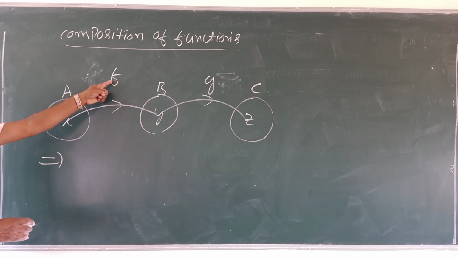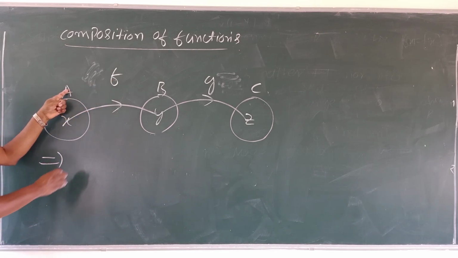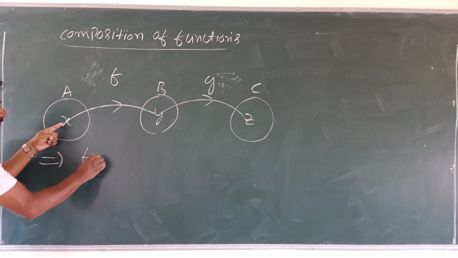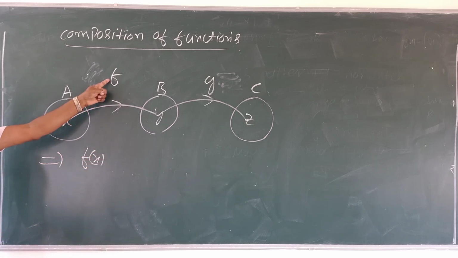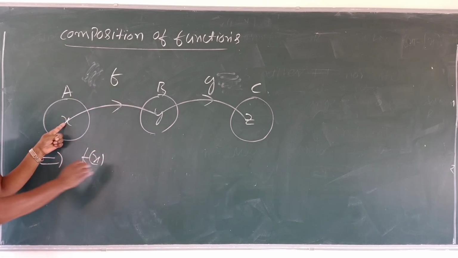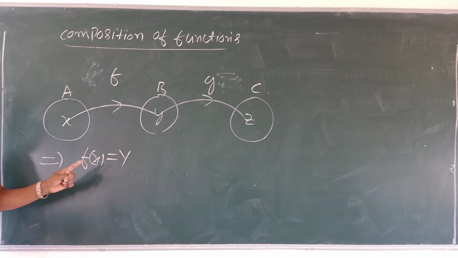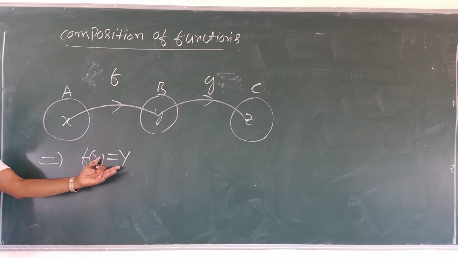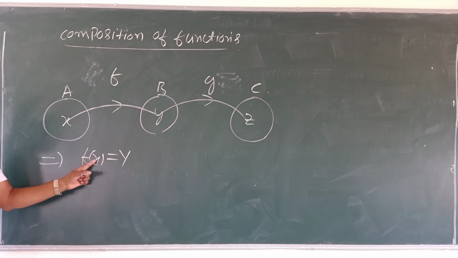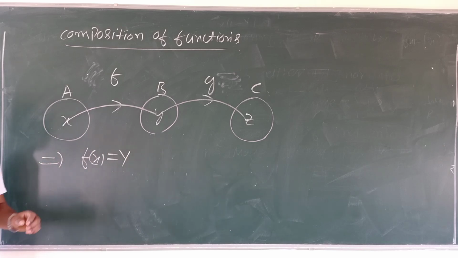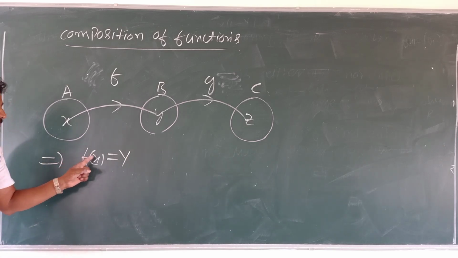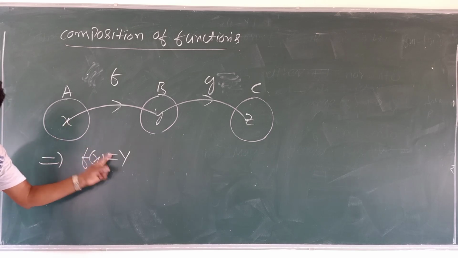F relates all the elements of set A, that is x, with y. Correct? What does it mean? F relates x with y. Relating means linking, connecting. F connects all x with y.